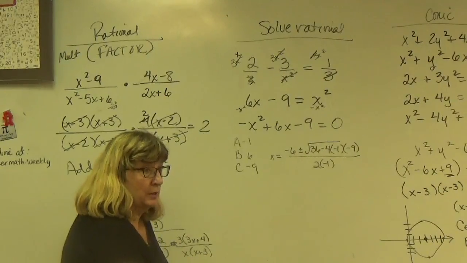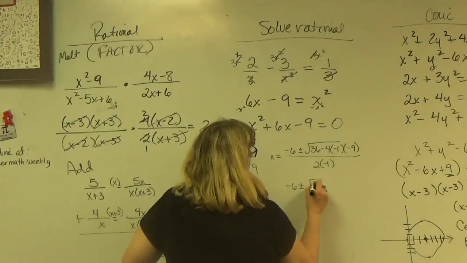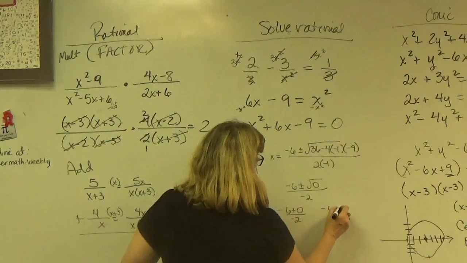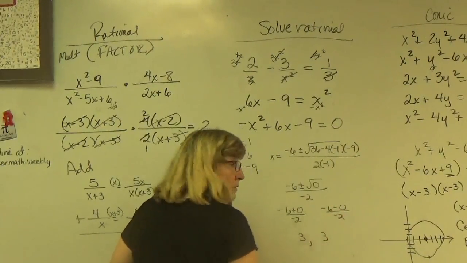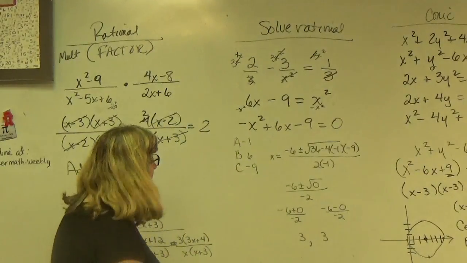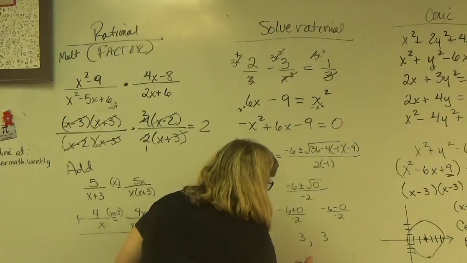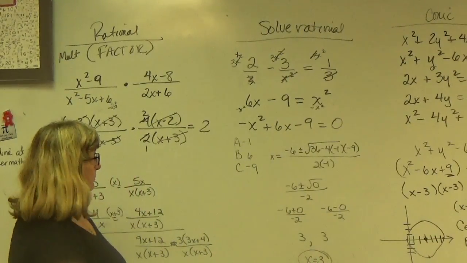So I get 0. Does anybody else get 0 under the radical? So if we did take out that negative, we'd have been fine. So we've got negative 6 plus 0 divided by negative 2, and negative 6 minus 0 divided by negative 2. Don't we get the same answer, 3 and 3? That would be it. So all we need to say is x equals 3, because it won't be twice.